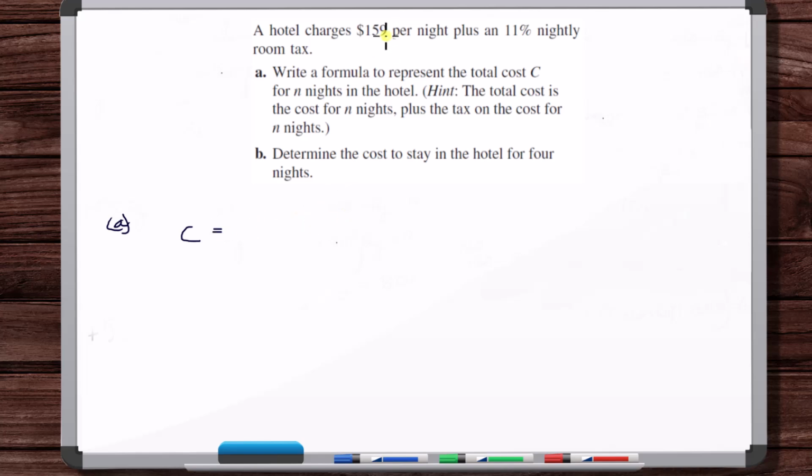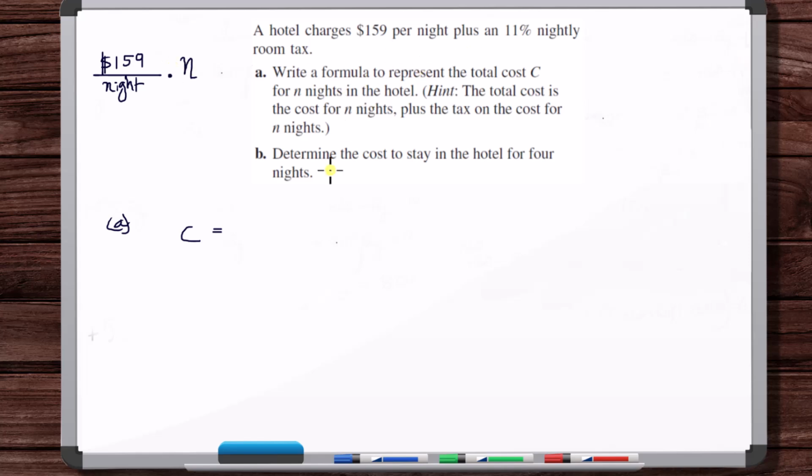So the hotel charges $159 per night. If we want to get the cost for a total number of nights, multiply times the number of nights. The unit of N is nights. Those cancel. You're left with the dollar amount. Okay?